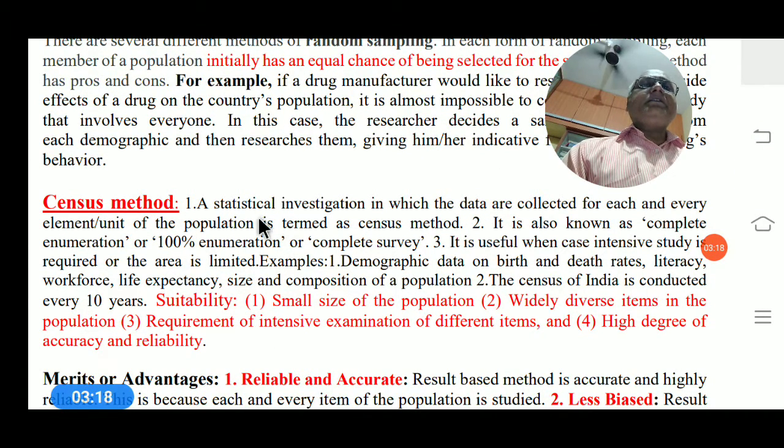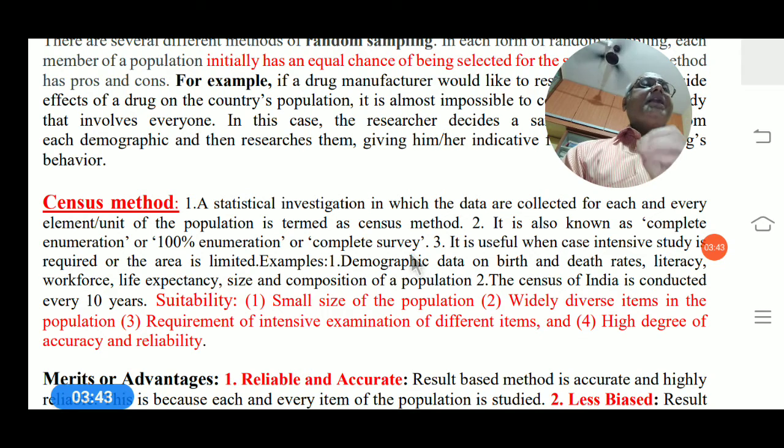Census method is a statistical investigation in which the data are collected for each and every element or unit of the population. It is also called complete enumeration, or 100% enumeration, or complete survey.